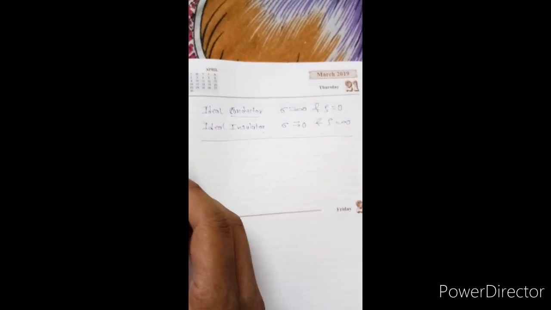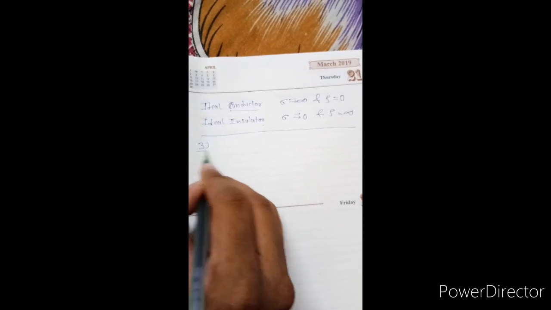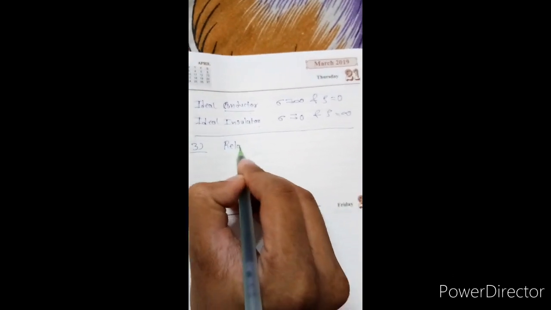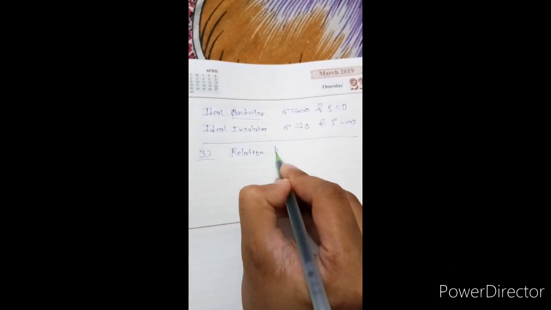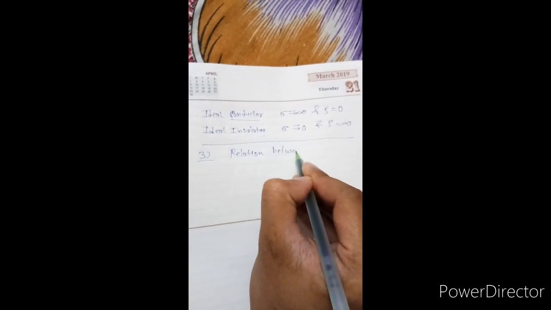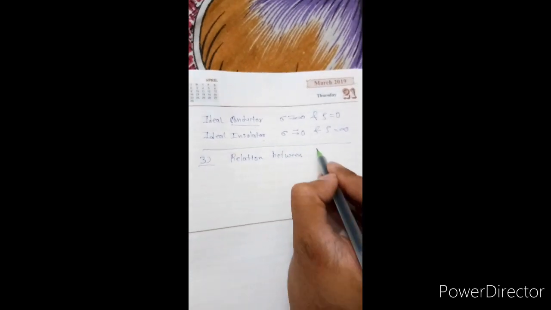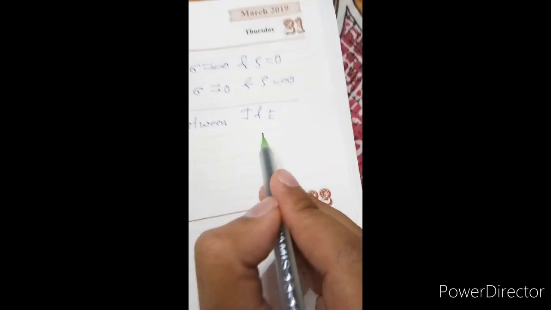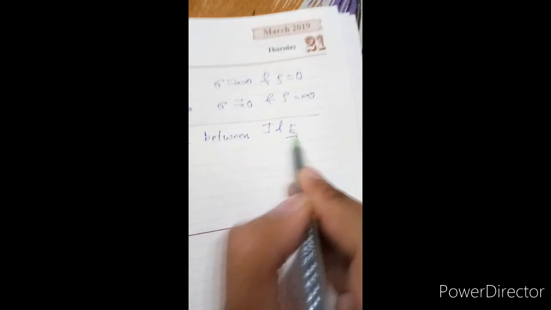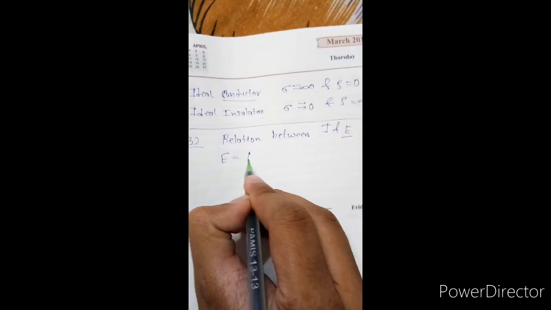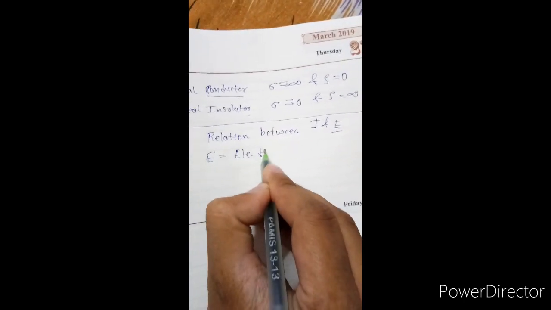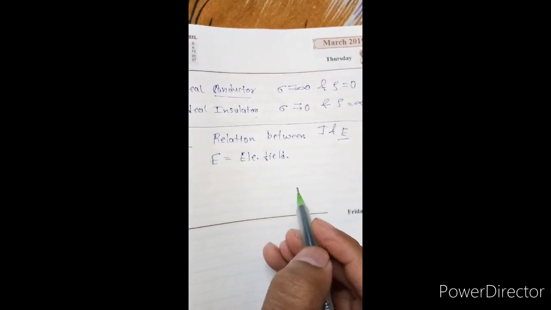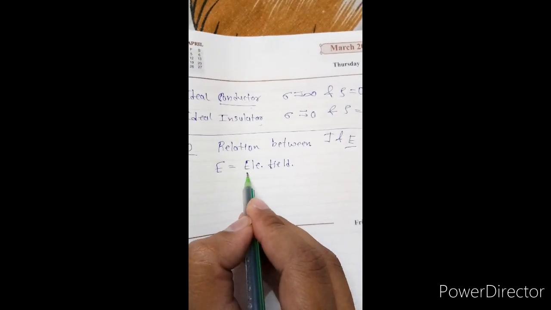Another topic in your book is the relation between J and E. E stands for electric field; here I am taking the short form of electric, which is ELE dot.